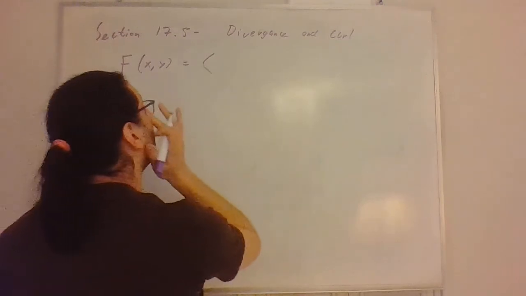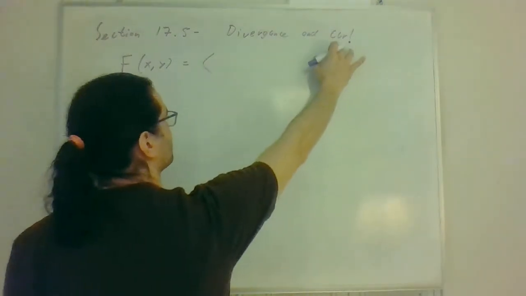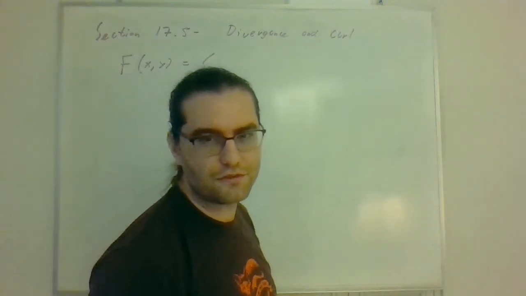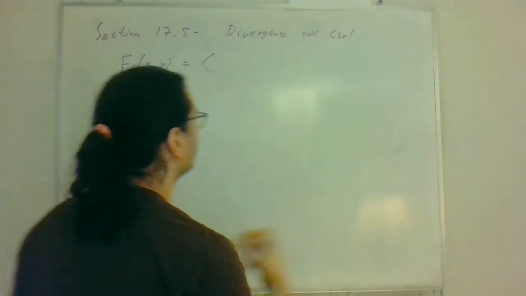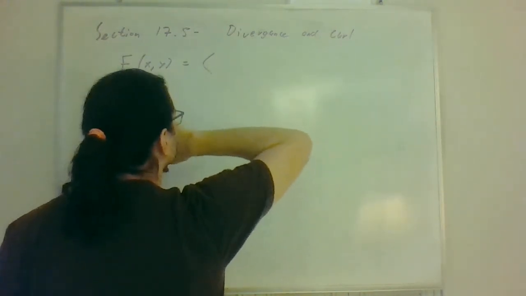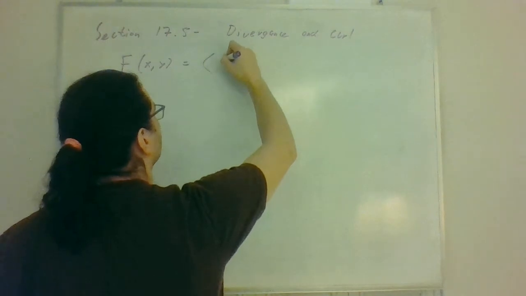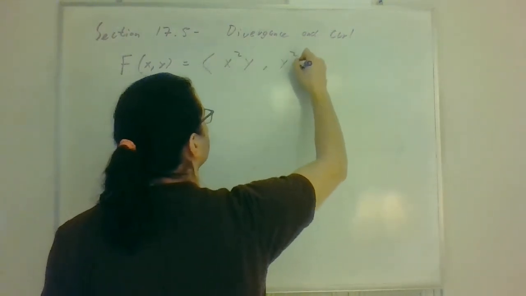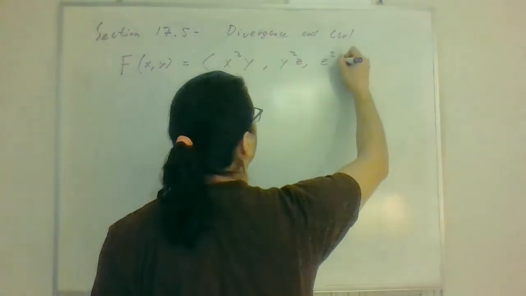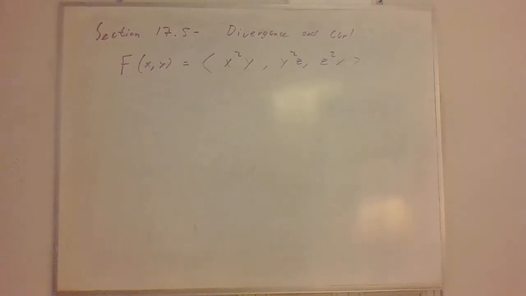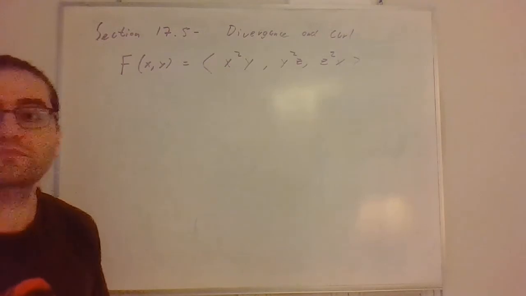We'll go big. I think you have to be in 3 dimensions to have a curl, because the curl is the cross product, and you can only do cross product things if you have a 3-dimensional vector. So we have, I need to make this up. Let's do x squared y, y squared z, z squared x. Just smash a bunch of letters together there. Get ourselves a nice fancy vector field.